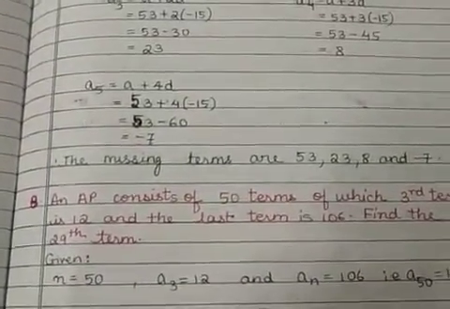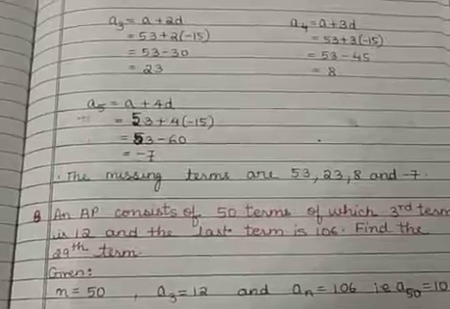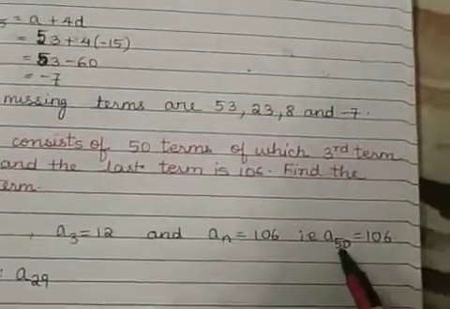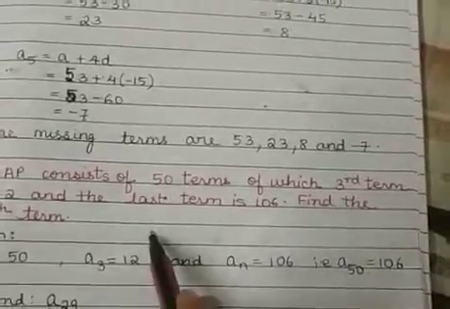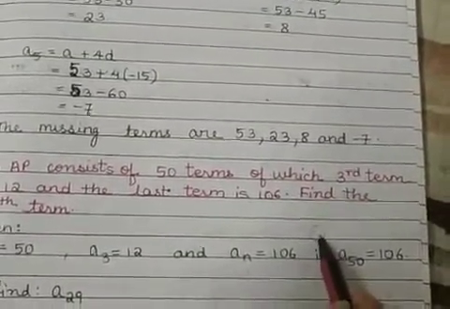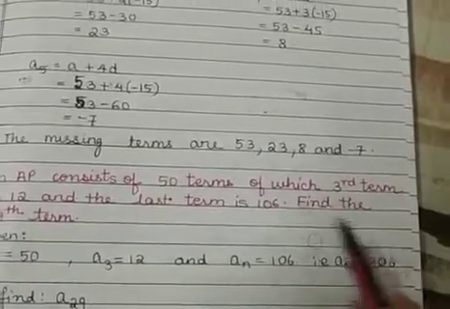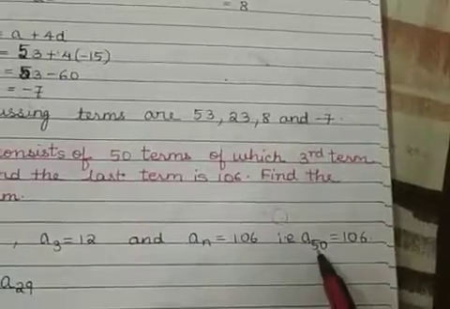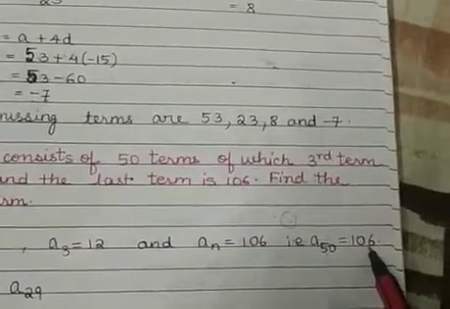So the last term will be what? The last term will be the 50th term, right? So the last term will be A50 because your AP consists of 50 terms. So the last term of the AP will be the 50th term. So the last term is 106. So A50 will be equal to 106.